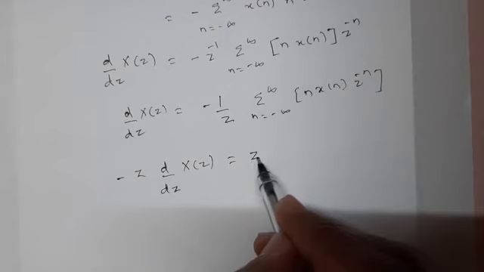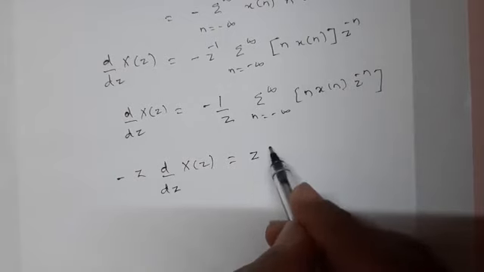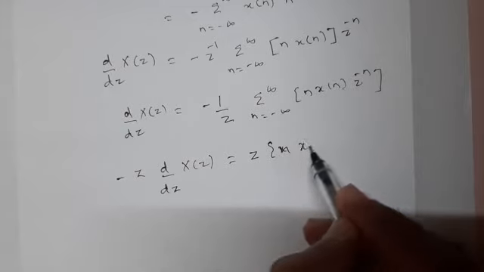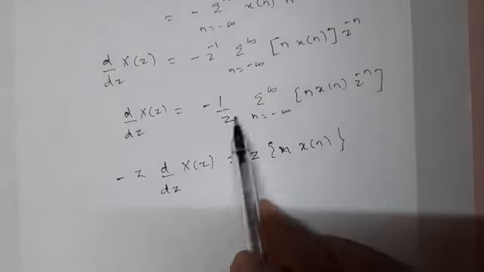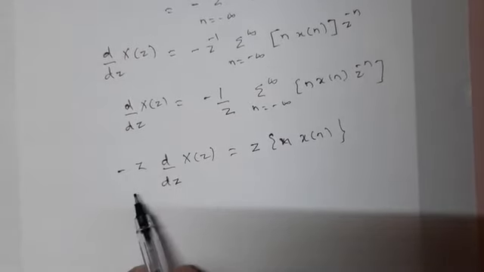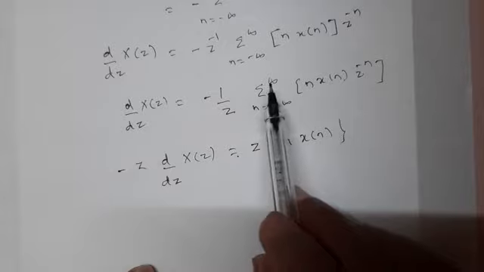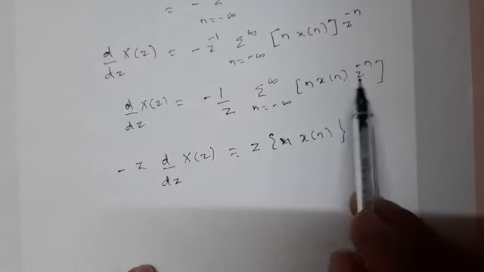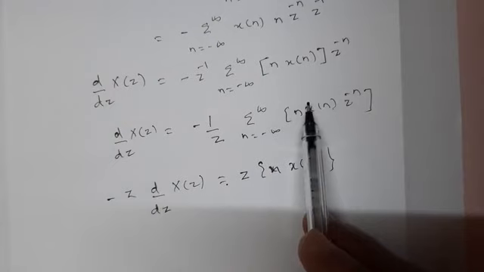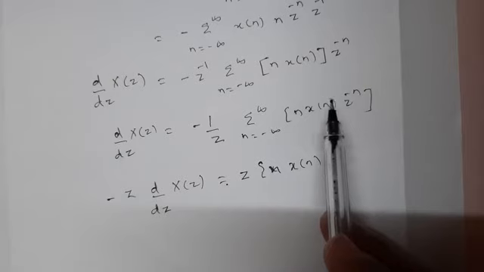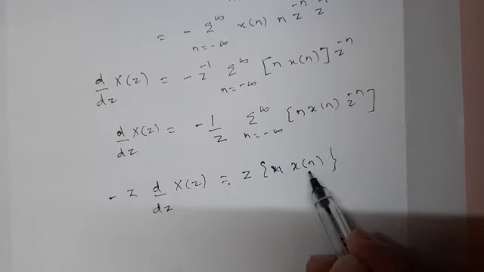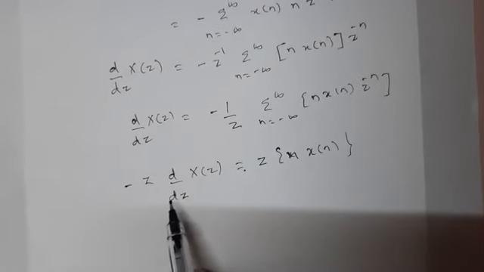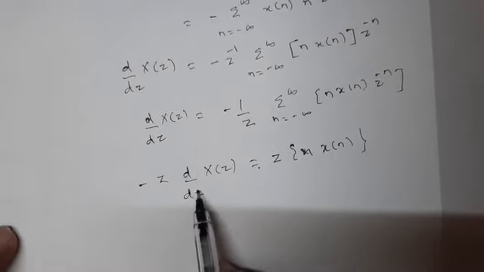Is it the Z transform of n x of n, right? So what did I get? I am left with summation n equal to minus infinity to plus infinity n x of n z to the power minus n. Consider this as one sequence: summation of x of n z to the power minus n is the Z transform of x of n, so here considering n into x of n. So multiplication by ramp is differentiation in z domain.